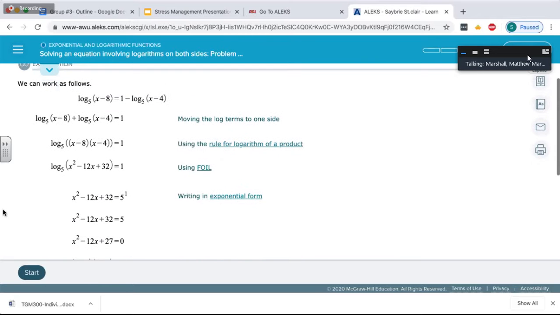Let's take a picture of that. So the same base. They foiled the inside part. Ooh, look at that. And then they use the log 5 rule. Alright, go down.